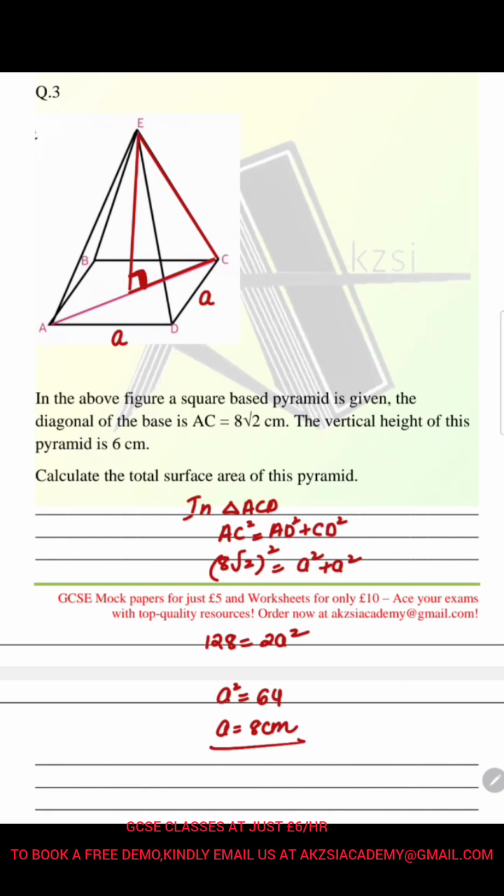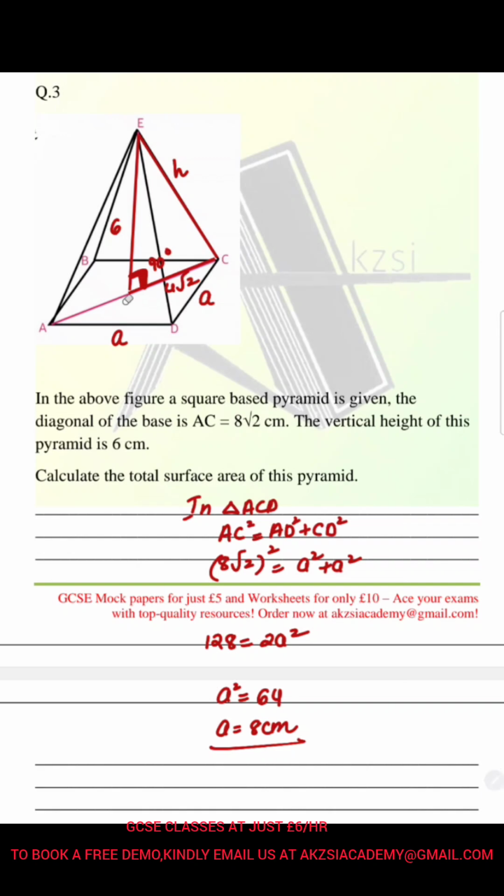Though it doesn't seem to be, the diagram is obviously not that accurate, but this is 90 degrees. This is the diagonal and this is the midpoint of it, so it will divide it into two equal halves. So this will be 4 root 2. Height is already given, which is 6, and this is the hypotenuse. Let's say this is the hypotenuse H.